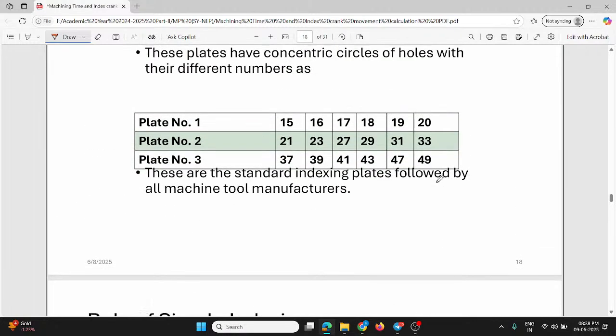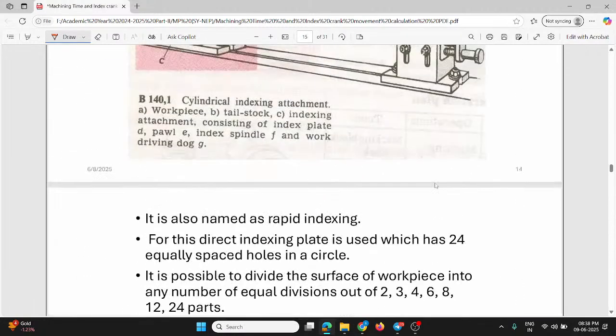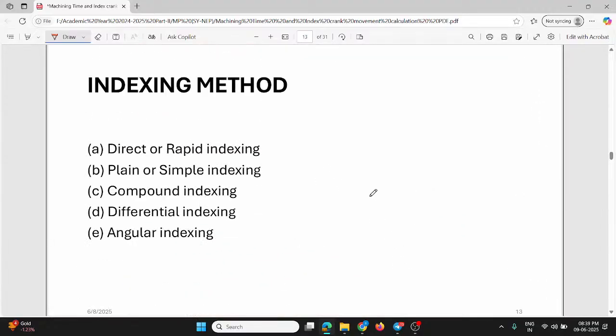Basically there are different indexing methods, and by using them you can calculate the index crank movement according to the equal number of divisions we require. So according to how many equal divisions you want to divide the periphery into, one of the indexing methods can be selected: maybe direct or rapid indexing, plain or simple indexing, compound indexing, differential indexing, or angular indexing.